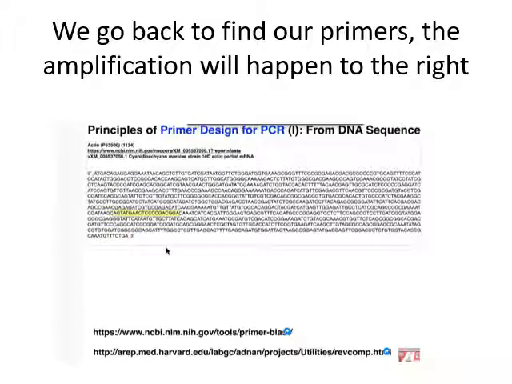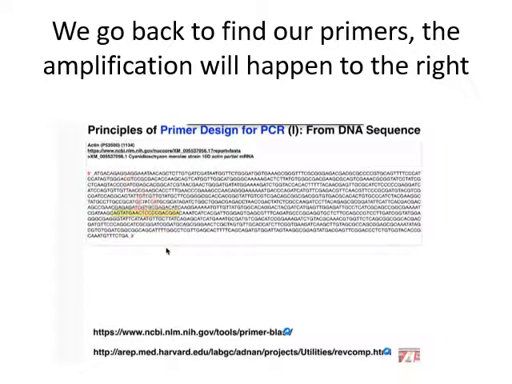Because if we go back to our gene and find our primer, just with Control and F, we will see that the primers we designed are located in the middle. That means the amplification will happen from here to the end, while the beginning of the gene will be lost.